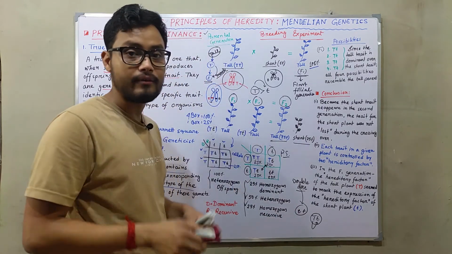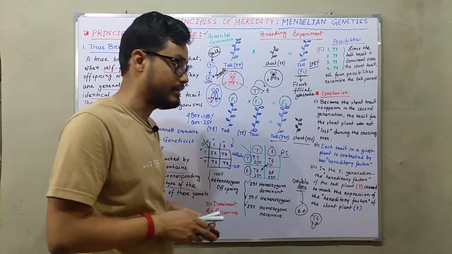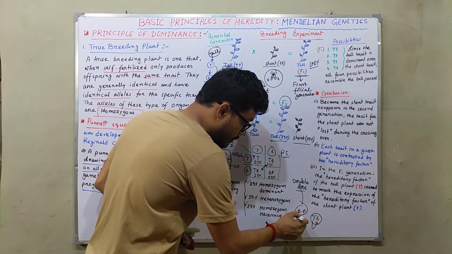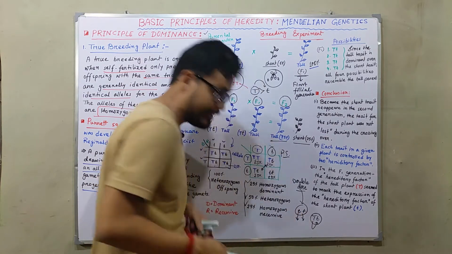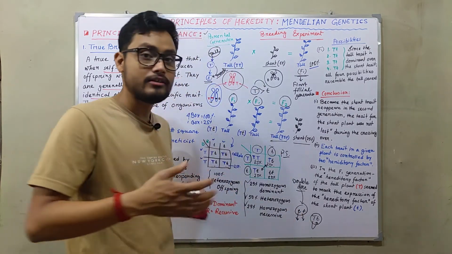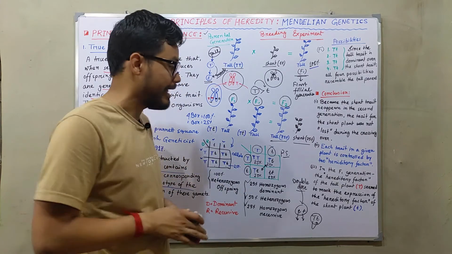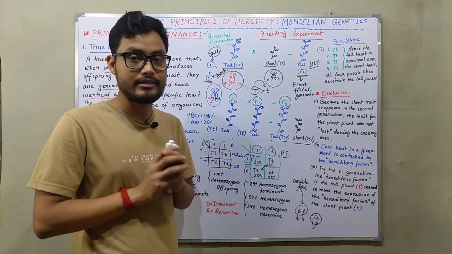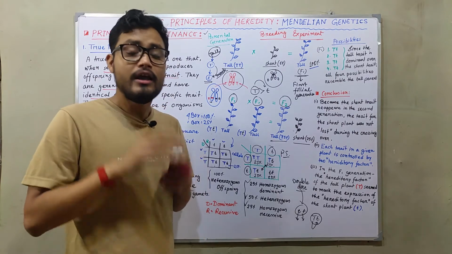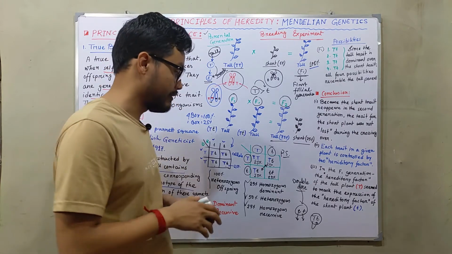But whenever both alleles are small t, then both are expressed and we get the short phenotype of the plant. So wherever a recessive character is expressed, it should be in double dose.